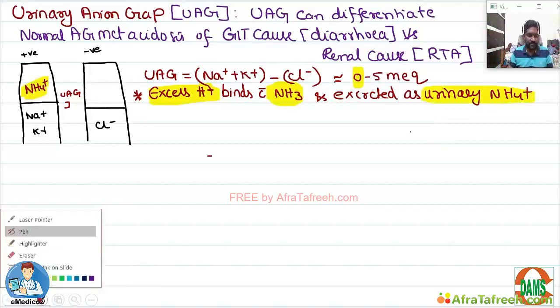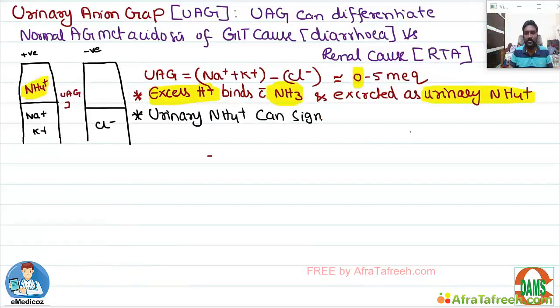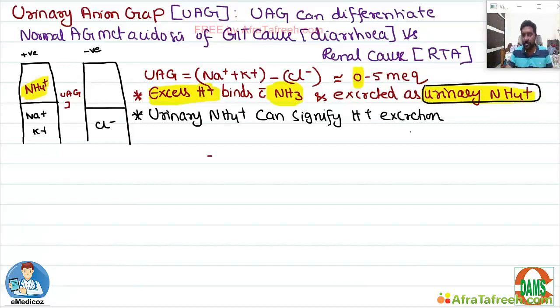Now let us see a few conditions. Before that, a simple logic: urinary NH4 plus can signify H plus excretion. Whenever urinary NH4 plus is seen more, it means more H plus has come into the urine and bound with NH3. It means H plus has been excreted very well.